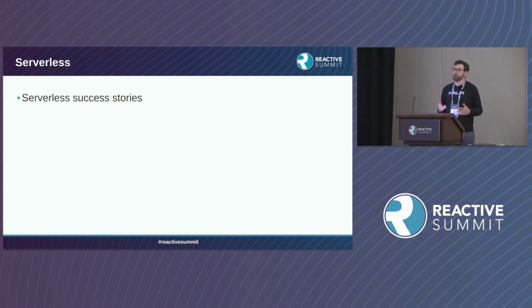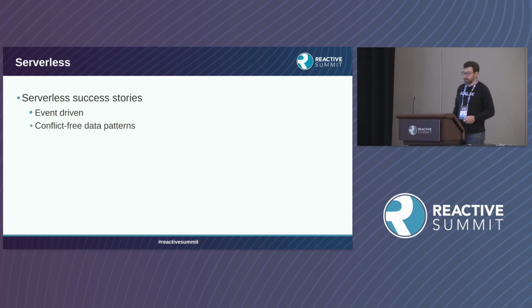But at the same time, there were people that started publishing success stories about how they successfully used serverless. And what you saw was they talked about being event-driven, so responding to events and publishing events, rather than having these big chains of Lambda calls. And they would talk about being able to update state independently without having to coordinate.